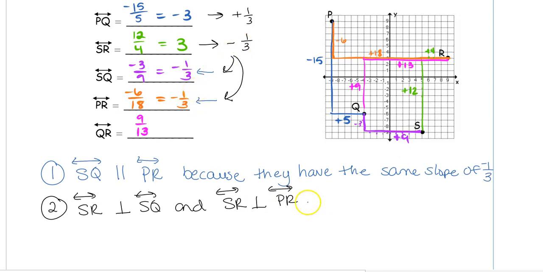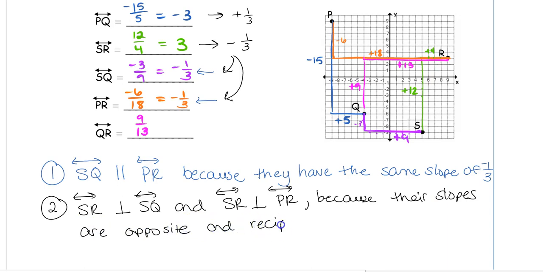I know that those lines are perpendicular because their slopes are opposite and reciprocal.